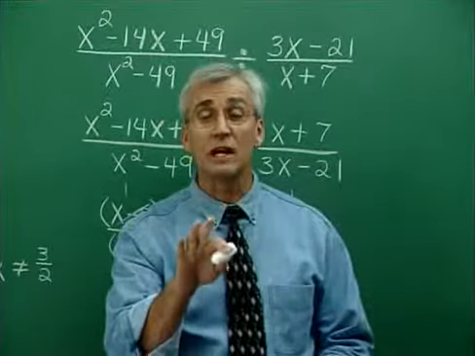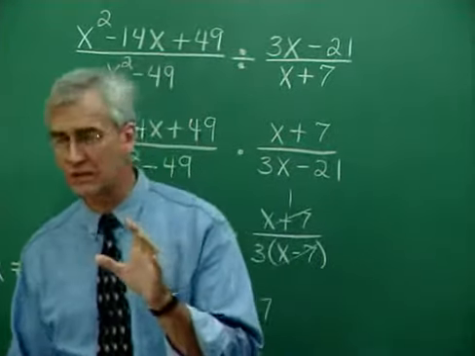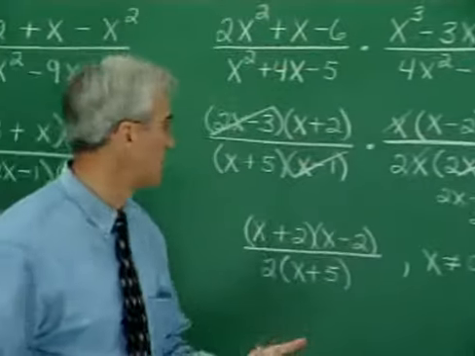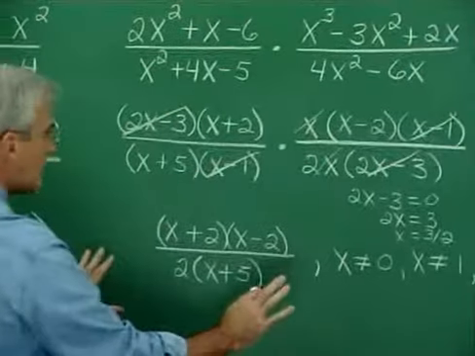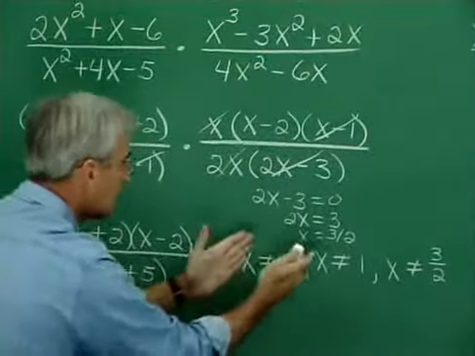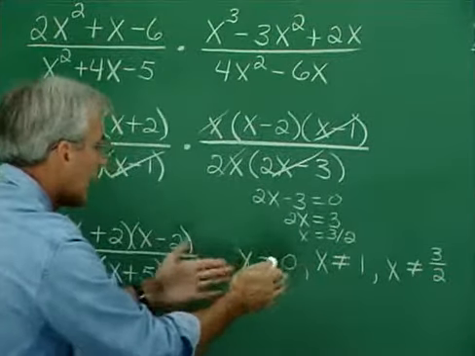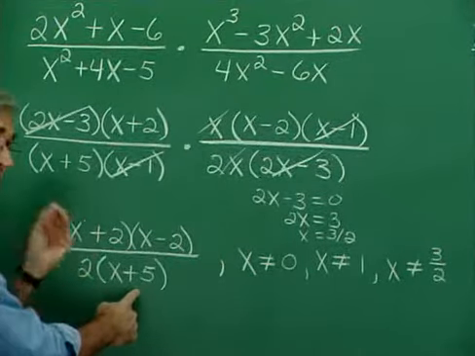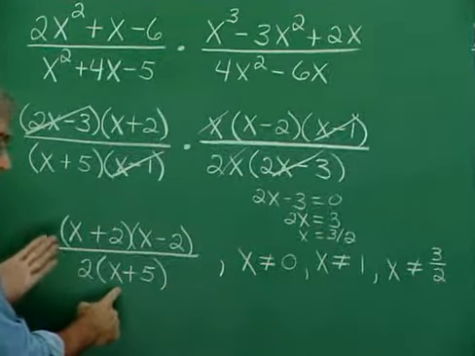Before we leave this segment, I think it's important that I mention something more about this idea of limiting the domain or stating the limitations on the domain. Back in this particular one where we had a lot of cancellations, those cancellations led to these limitations on the domain. But I didn't say anything about x not being equal to -5, because an x of -5 would cause this factor to become 0, and therefore would be disallowed.